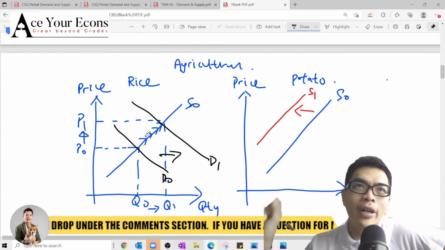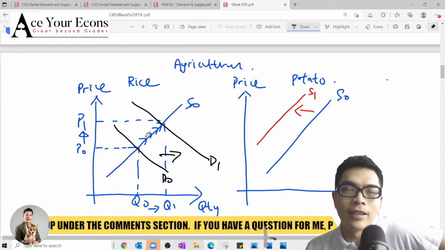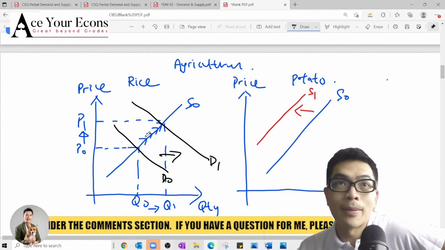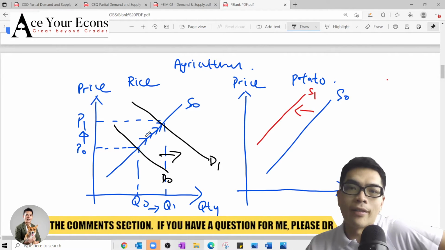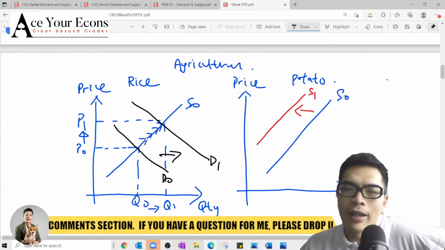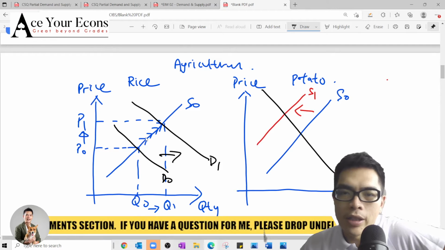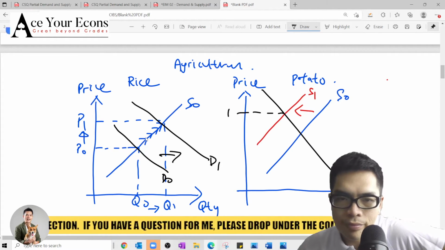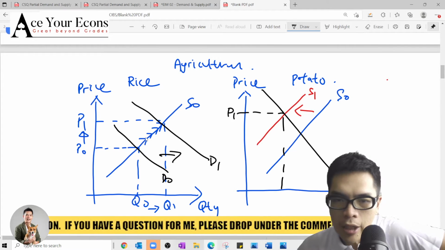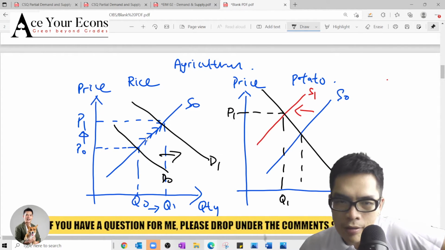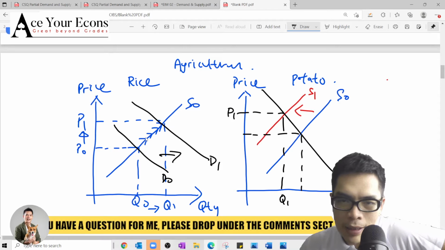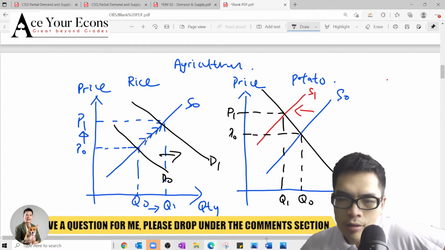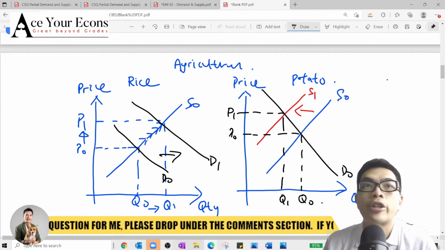Increase in price of rice. You need to establish this with demand and supply factors, and I'll elaborate on that. You will realize that the price of potato, holding demand the same, is going to go up. You can skip drawing the demand curves here, but this is the complete picture.